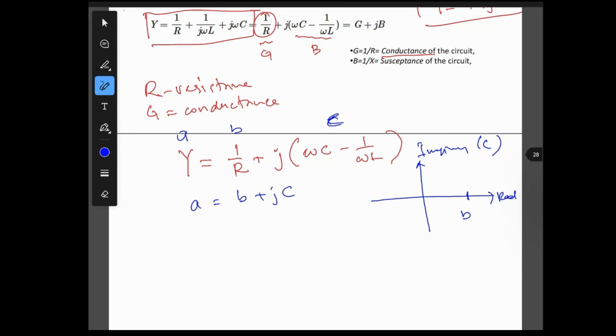Okay, now we have A, B, and C. So we know that this is a complex number. We can write this complex number in polar form, as a magnitude and an angle phi.